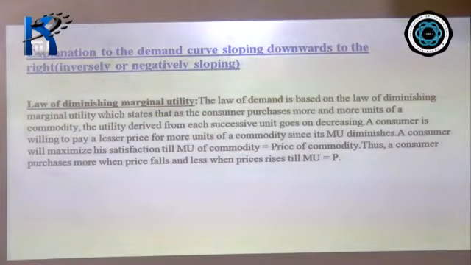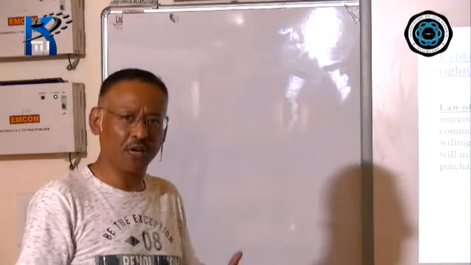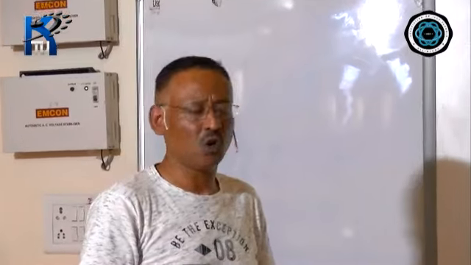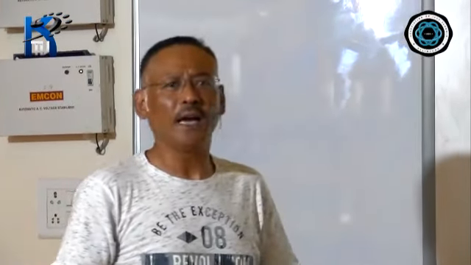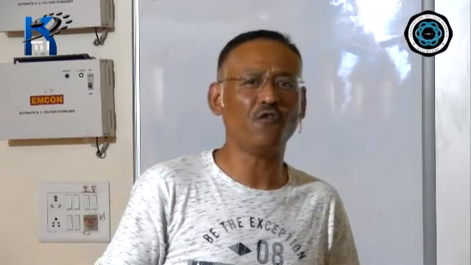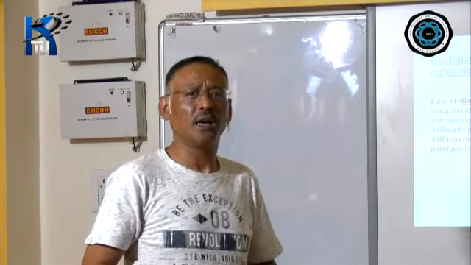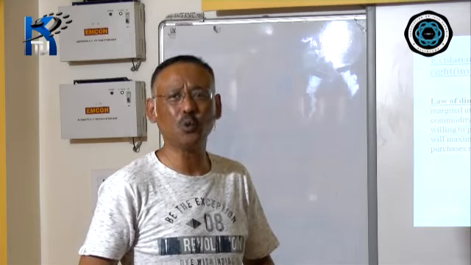So I want you to understand what is the law of diminishing marginal utility. Diminishing means decreasing marginal utility. To understand that, whenever you want to give some value to the satisfaction that you get, we will say that it is 10 utils. So the satisfaction that you get when you consume a good, let us assume, is measured in units of utils.